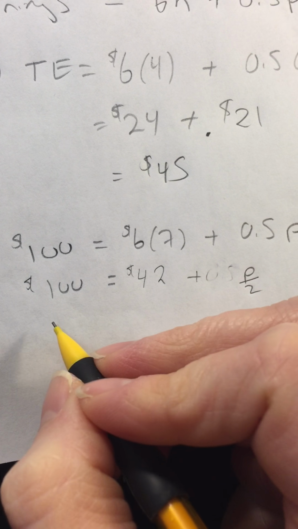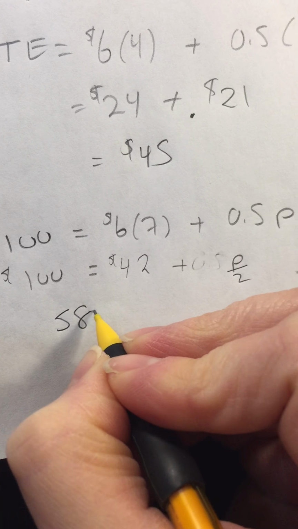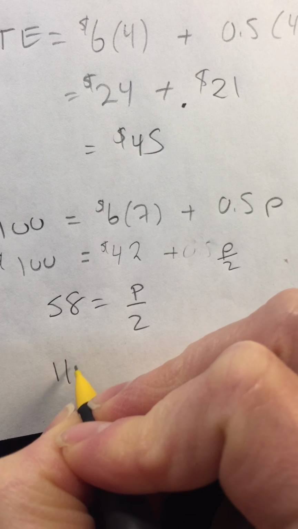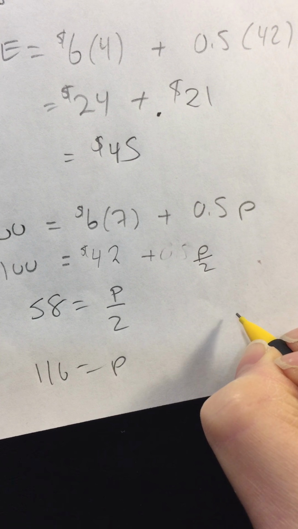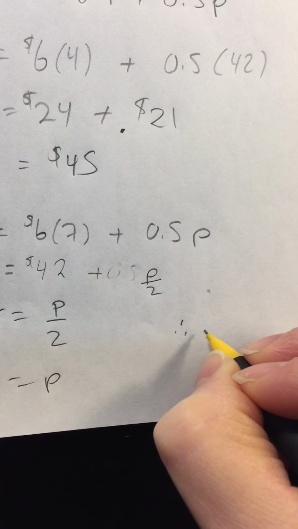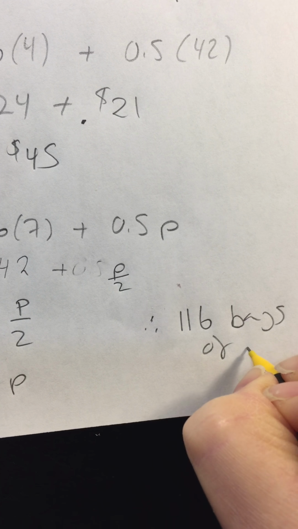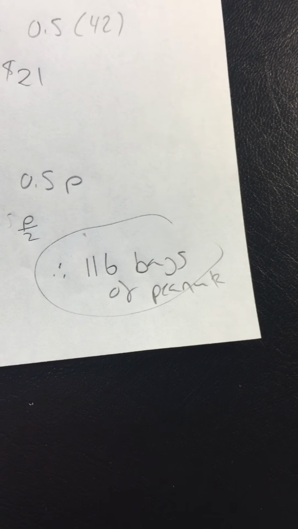I'm going to remove the 42 from the other side by subtraction to get 58 equals p over 2. Multiply both sides by 2, and I get 116 as p. So therefore, she would need to sell 116 bags of peanuts. Is what she would have to do.